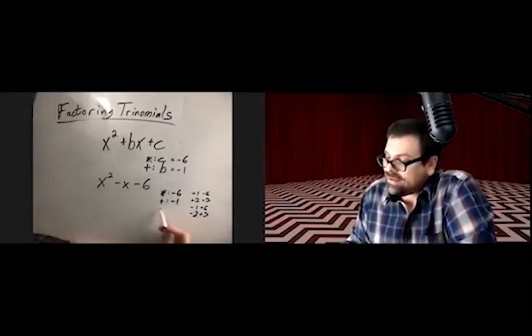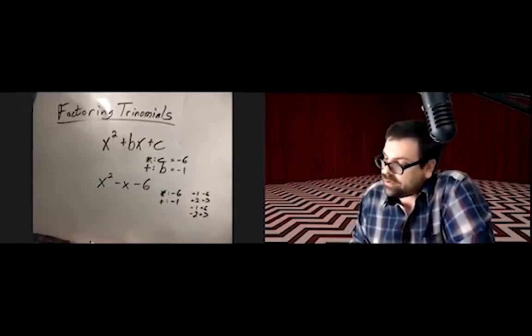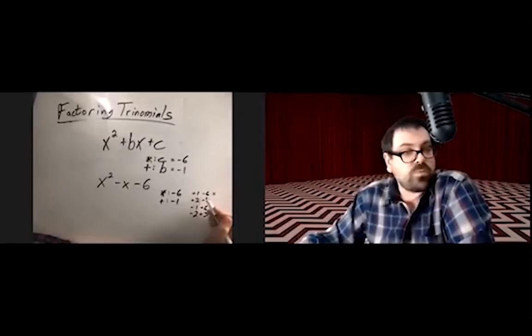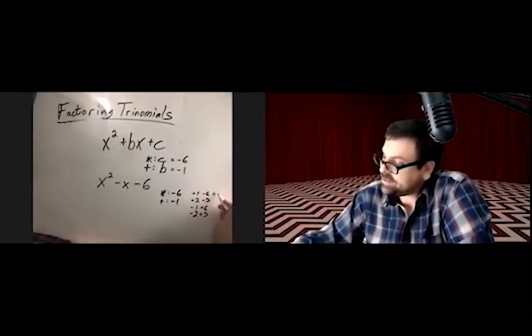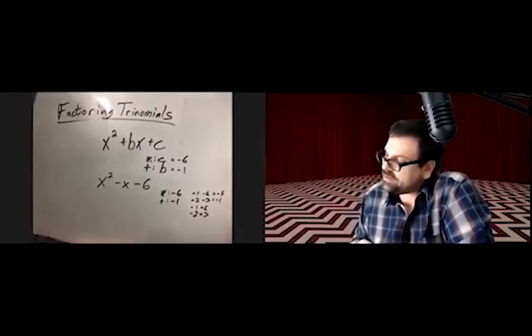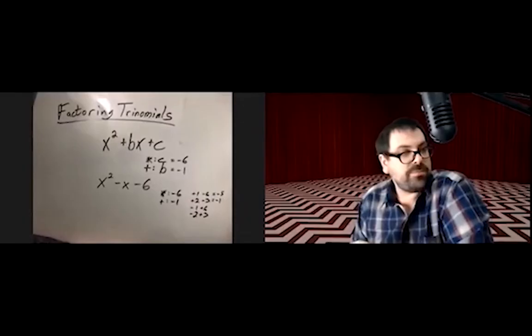They need to add to give negative 1. So if we add them, positive 1 minus 6, that's negative 5. Positive 2 minus 3, wow, second one we tried. Positive 2 minus 3 is negative 1.